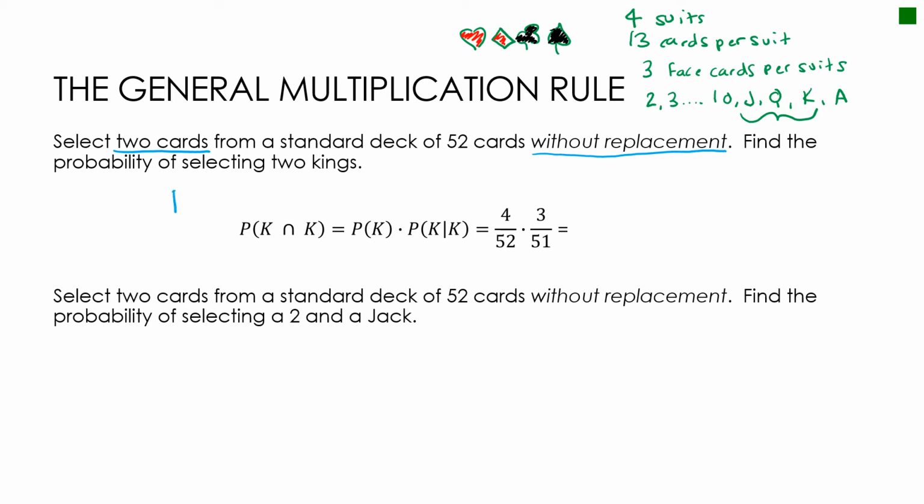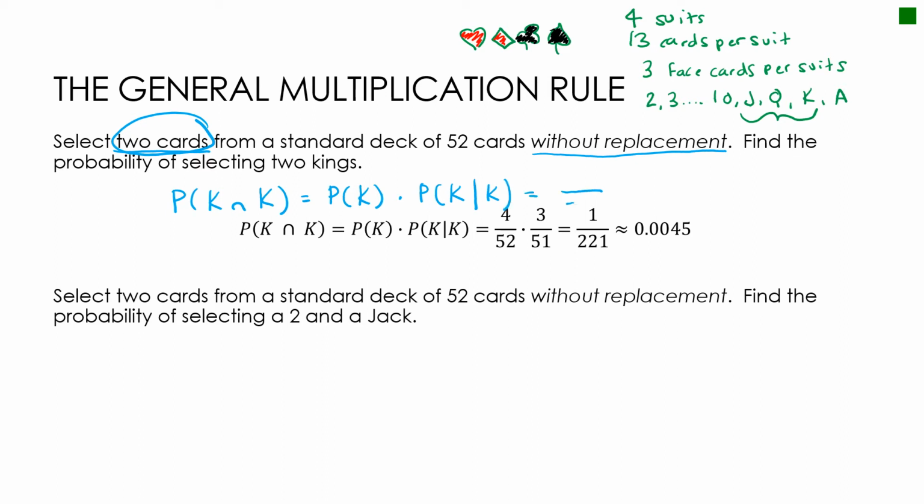So I'm finding the probability of king and king, which means I'm finding the probability of a king times, and again times because it's 2 events just like before, but instead of just the probability of king, I say the probability of a king, assuming that I've already pulled a king out of the deck.